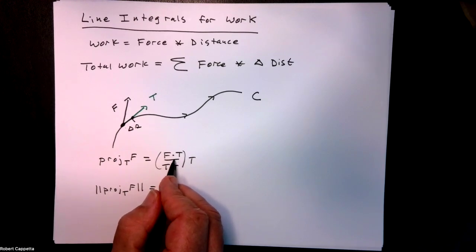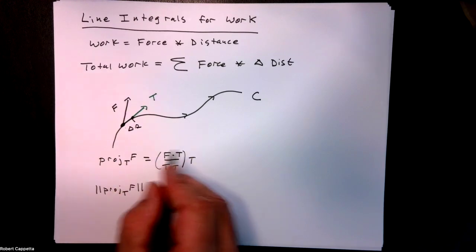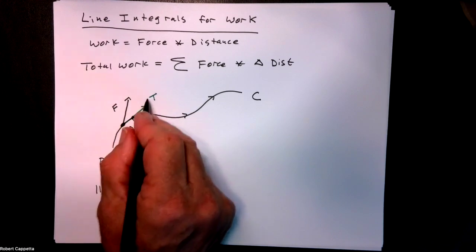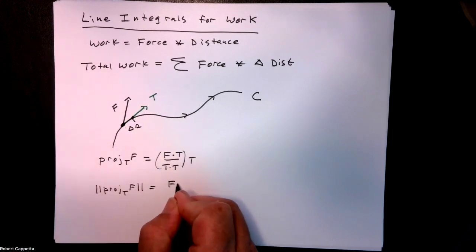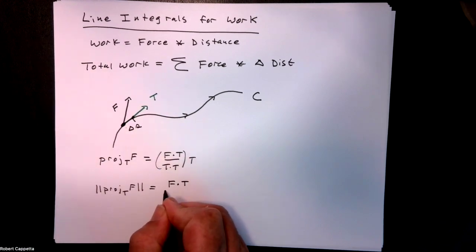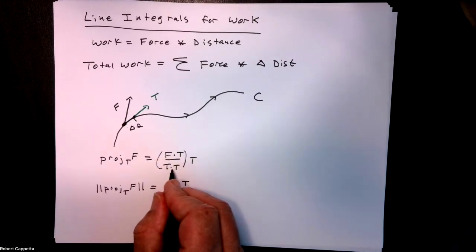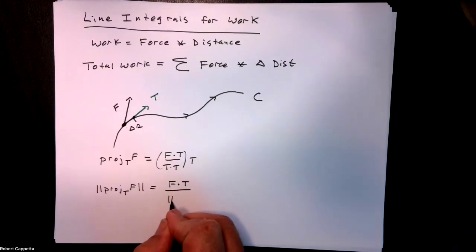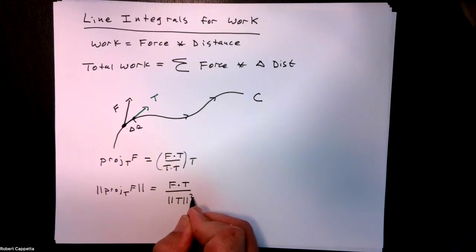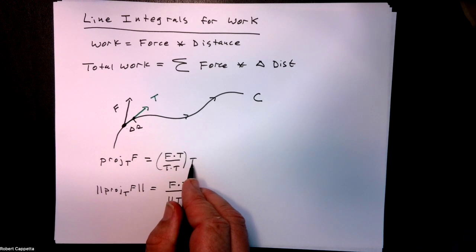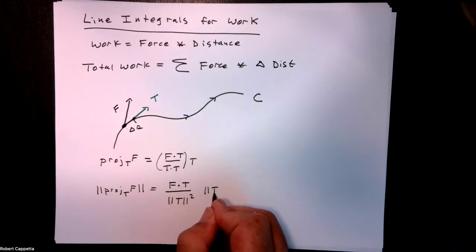Well, that would be F dot T. I'm going to ignore the absolute values because it's either going in the forward direction or the backwards direction. So I want to keep it just as F dot T. T dot T is the magnitude of T squared, right? And then T, magnitude of that is just magnitude of T.